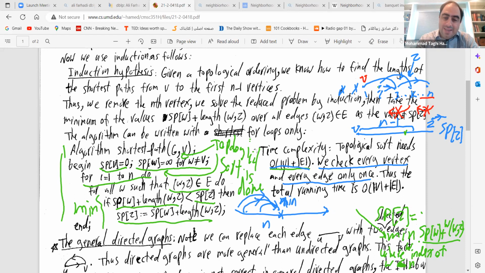It means that every vertex and every edge will be checked at most once. Thus, the running time of these loops is also order V plus E. Thus, the total running time of our algorithm would be V plus E. So for this algorithm for DAGs, we can get order V plus E.